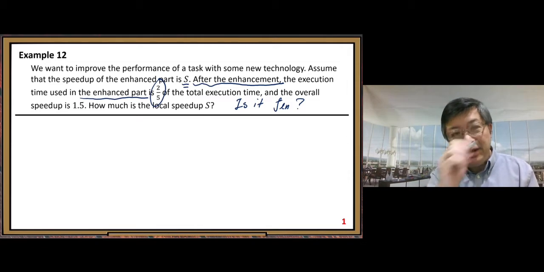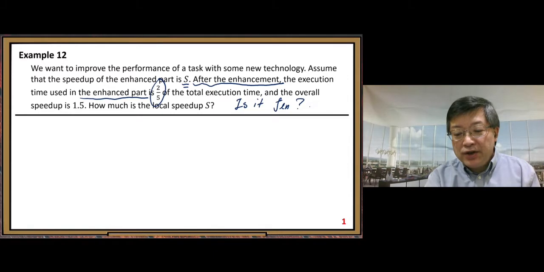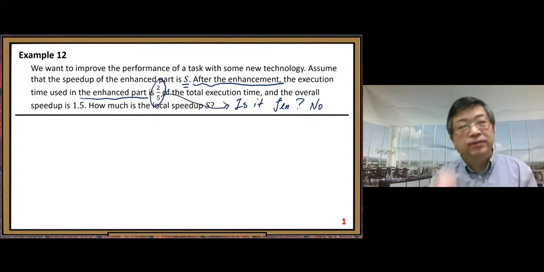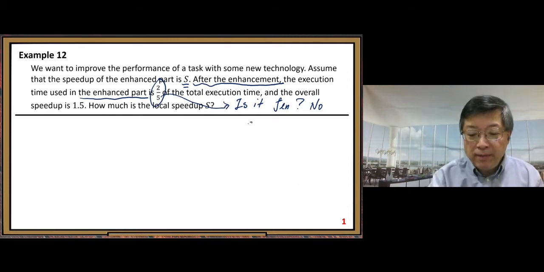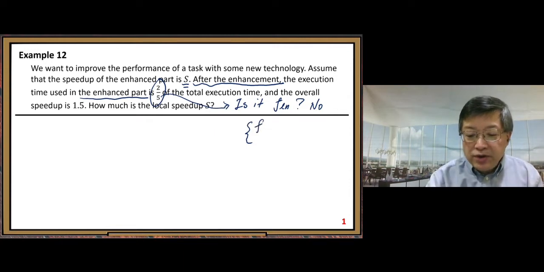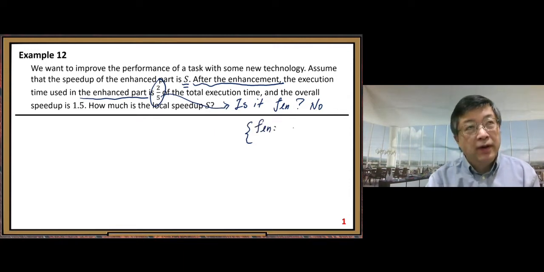If you look at it, the answer is no. So this 2/5 is not FEN. Why? The answer is simple. When we use FEN, at what time is this fraction used?